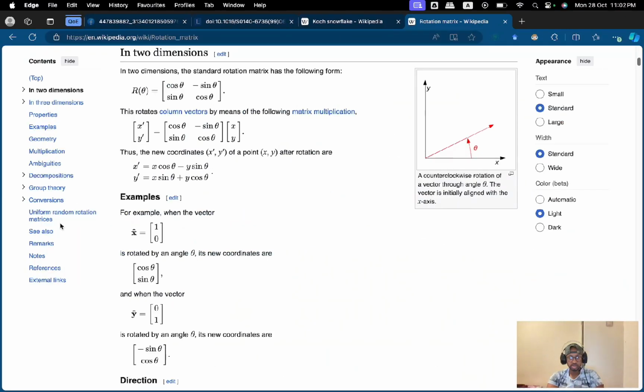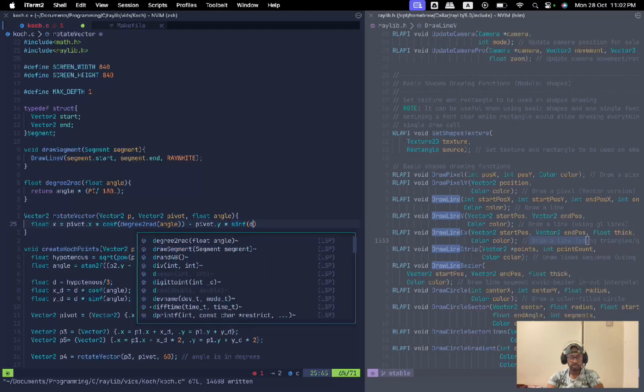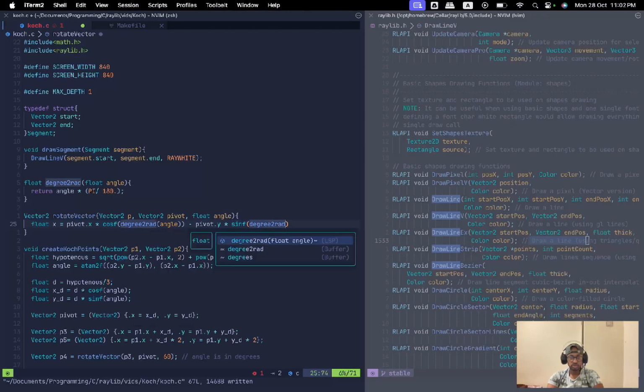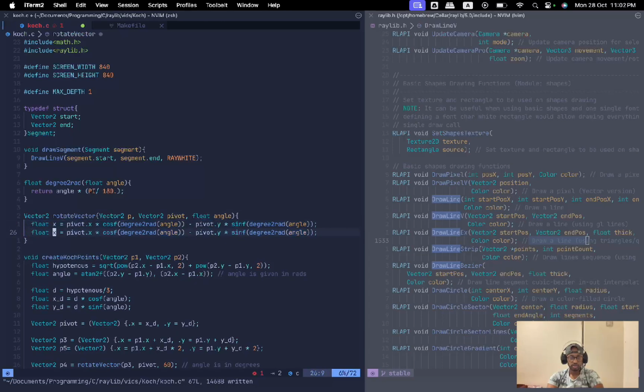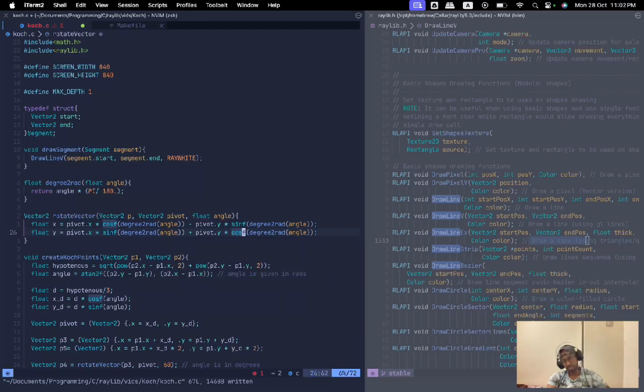Then it is minus pivot.y times sine of degree to radians. So our y will be this times sine f, plus cos f.